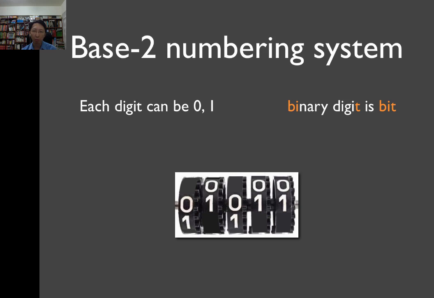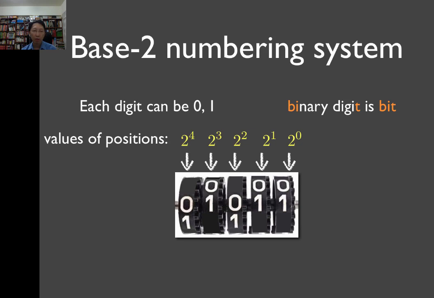It is called bit. 中文是翻成位元。Values of positions, the weighting is power of 2. 是用2的幂次来代表。For this 5-digit binary number, 5-bit number, the leftmost digit, the weighting is 2 to the 4th power, and the rightmost digit the weighting is 2 to the 0th power.